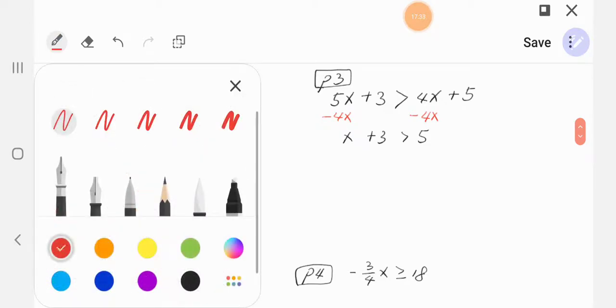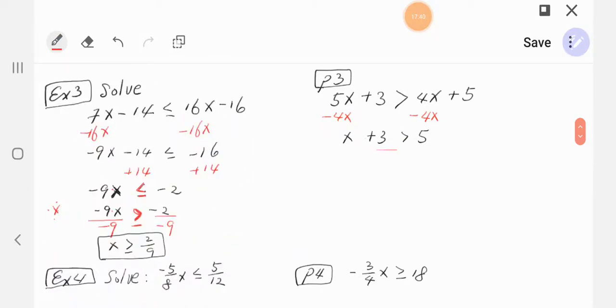All right, and then x plus 3. So get rid of 3, so minus 3 each side. Then x is greater than 2. Done. This is the solution. So x is all the numbers greater than 2, like 2.1, 2.3, 3, 4, 5, and so on.